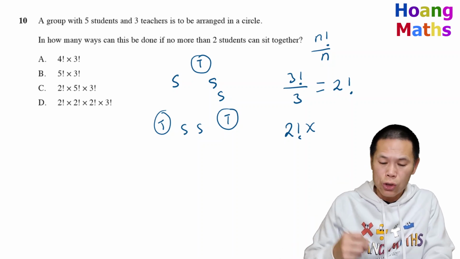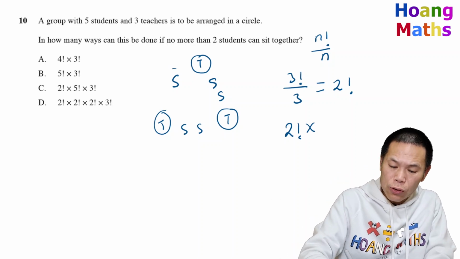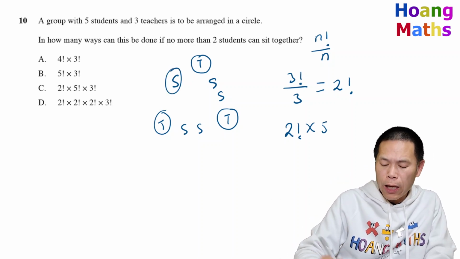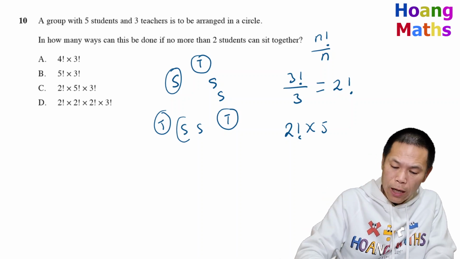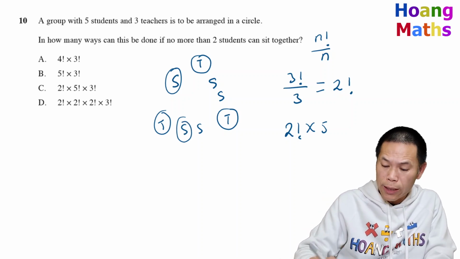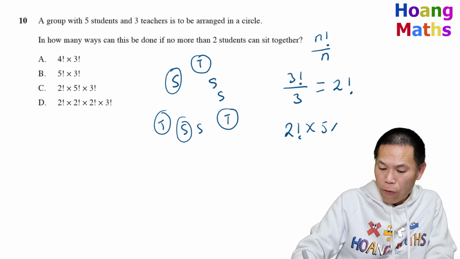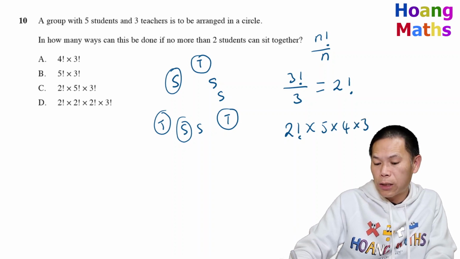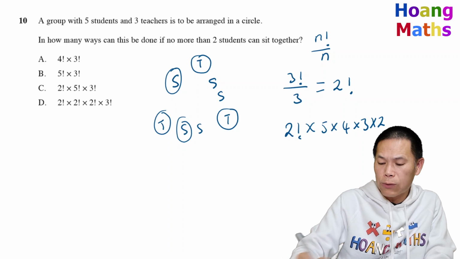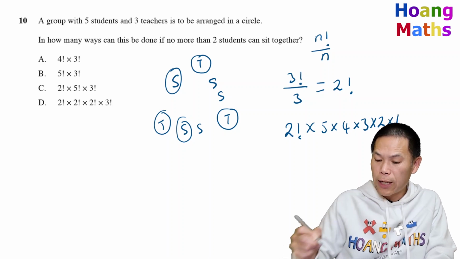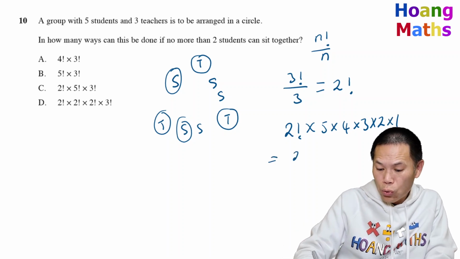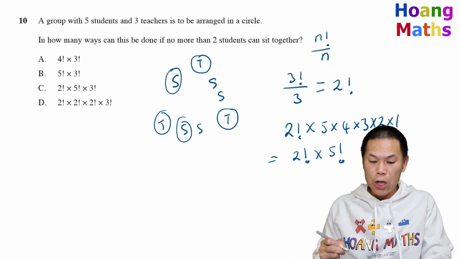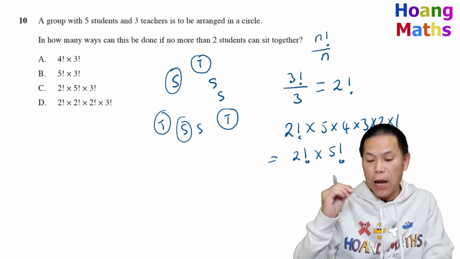Now we work with the students. 5 students can sit here, then the next one has only 4 options because one already sat down, followed by 3 options, then 2 options, and the last one has only 1 seat left. So that is 2 factorial times 5 factorial, which is one arrangement.